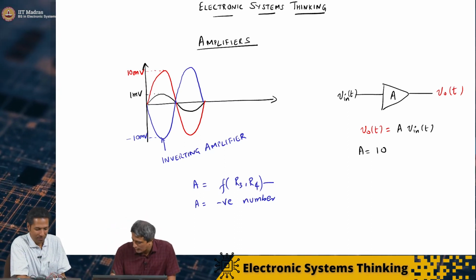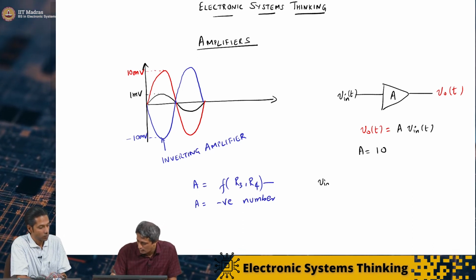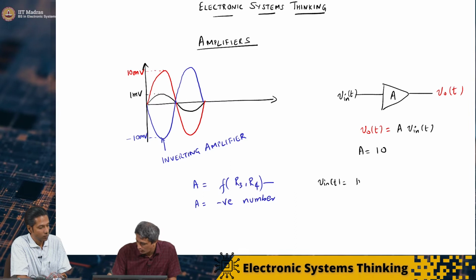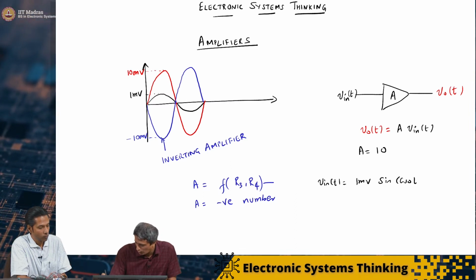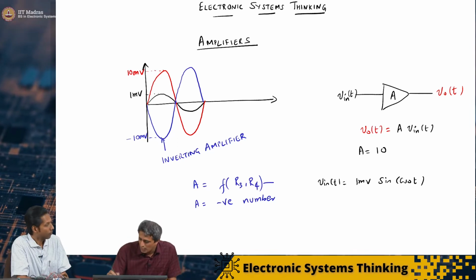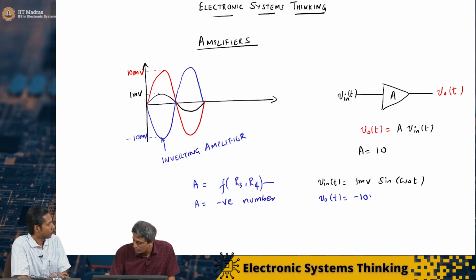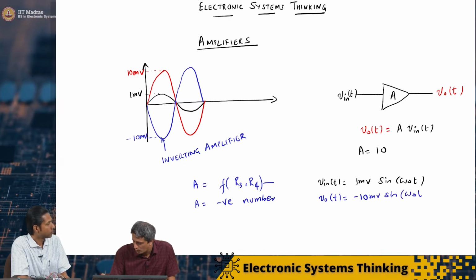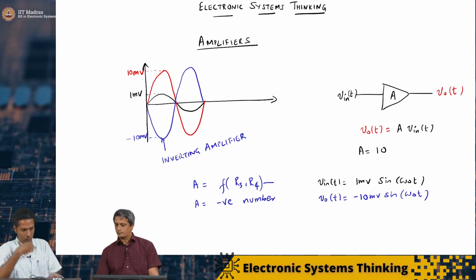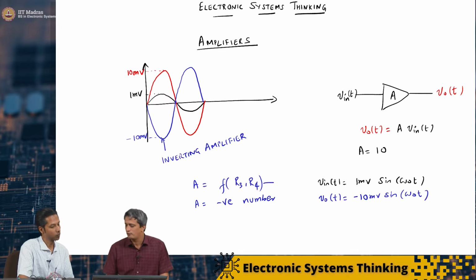If my V in of T is 1 millivolt sine of omega naught T, then my V out of T is going to be minus 10 millivolt sine of omega naught T. So it's essentially going to be a negative number.